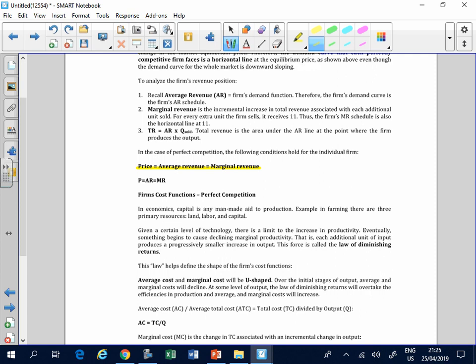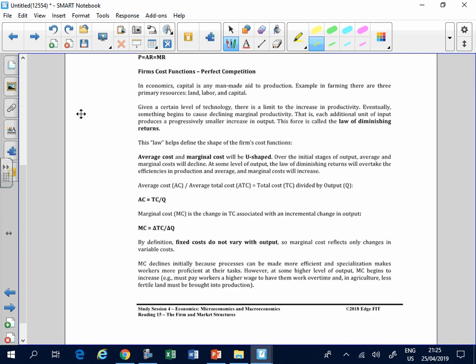I can sell every unit I want at $10. If I sell 1 unit, what's the average? $10. 10 divided by 1. If I go from 0 to the first sale, how much is my marginal revenue? $10. Okay, what's the price? $10. If I sell 100 units, well, 100 times 10 divided by 100 is 10. Sell my 100th unit for an extra 10. You got it. Okay, just please make sure you know that.